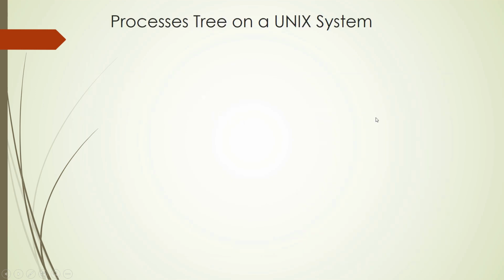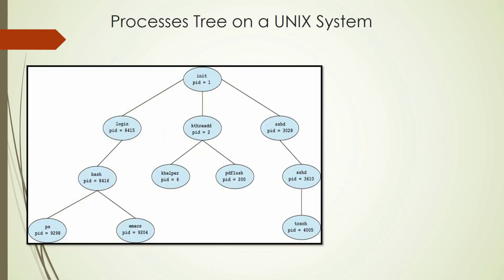Now let us look at an example process tree in Unix system. If you look at this particular example, init is the first process to run in a Unix system. Init stands for initialization. There are several other processes if you see.